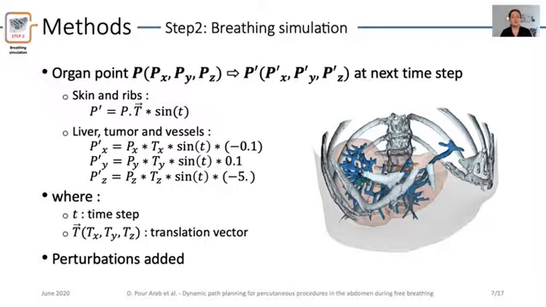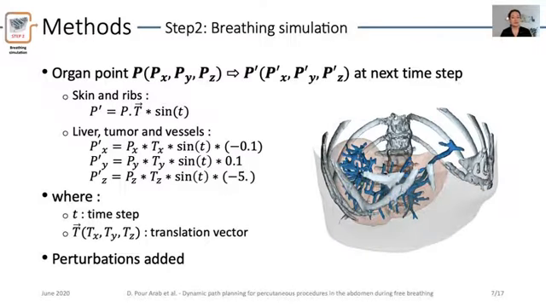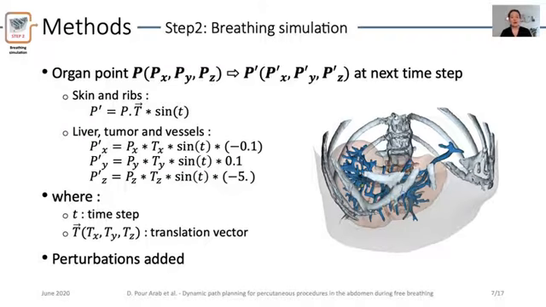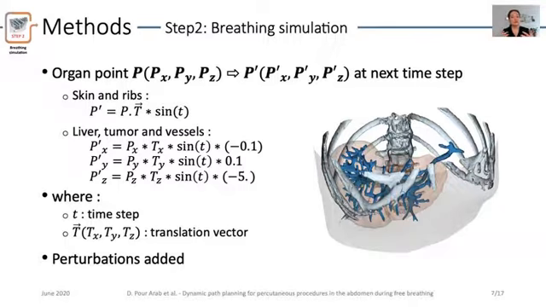In order to reproduce the conditions of an intervention and simulate motions, we used a simplified model of breathing cycles. The skin and ribs are modeled with an outward-inward cyclic motion, while the liver, tumor, and vessels have a slightly more complex motion, mostly upward-downward, with a small component of outward-inward motion as well, to follow the ribs and the skin.